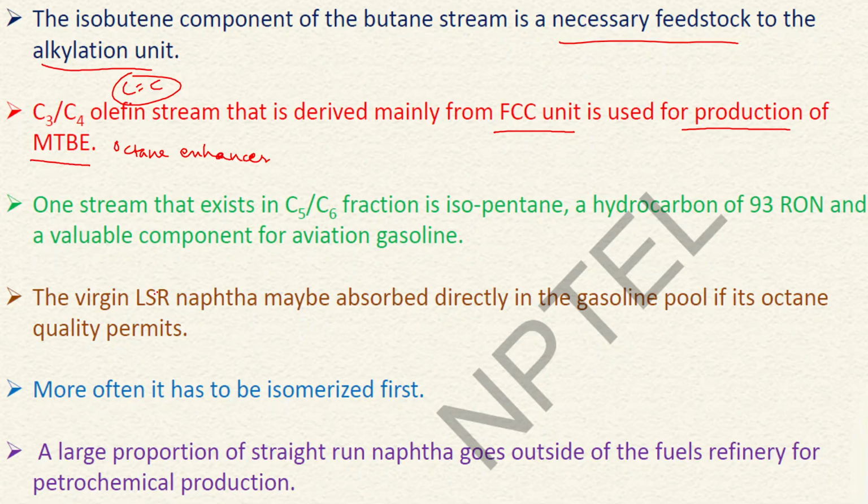So one stream that exists in the C5 C6 fraction is from the crude distillation unit. We get the naphtha, as I told, which is from C3 to C7 fractions. Okay. So from the naphtha, we get C4, and the debutanizer removes C4. Then from naphtha, some amount of C3, C4 olefin streams are also there.